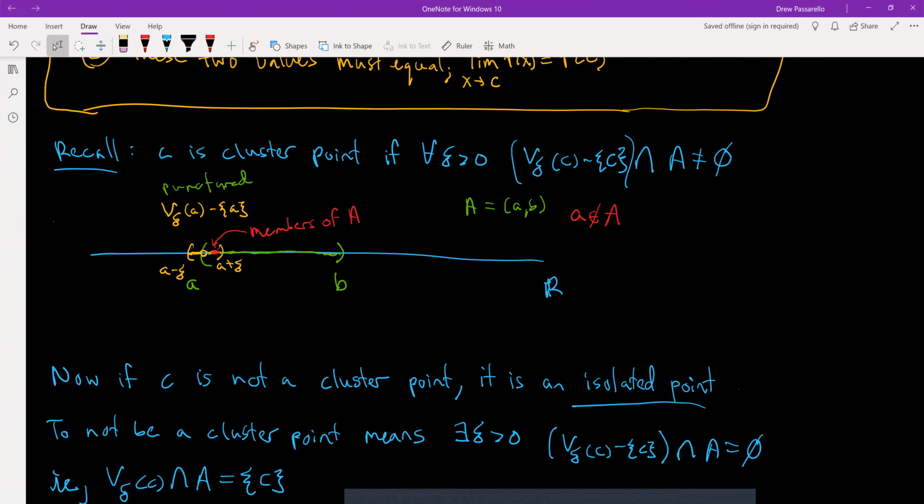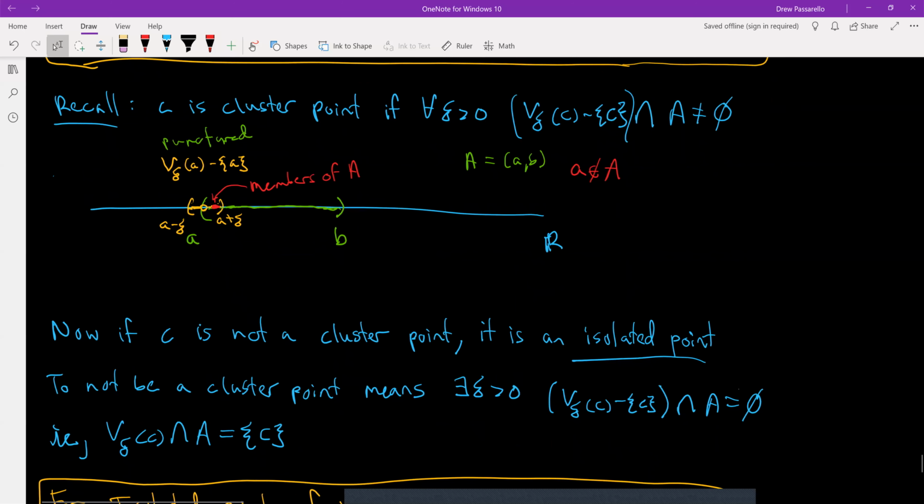Taking the negation of for all delta greater than 0, the punctured delta neighborhood around C intersecting A is non-empty, the negation is there exists a delta where the punctured delta neighborhood intersecting A is empty. And that's true if the delta neighborhood itself around C intersecting A is the value C itself.